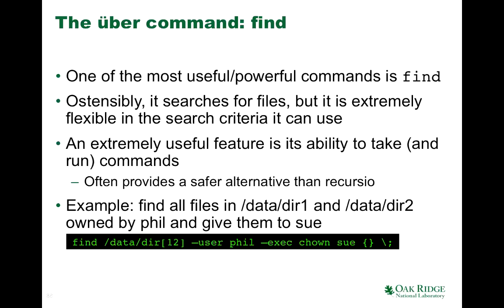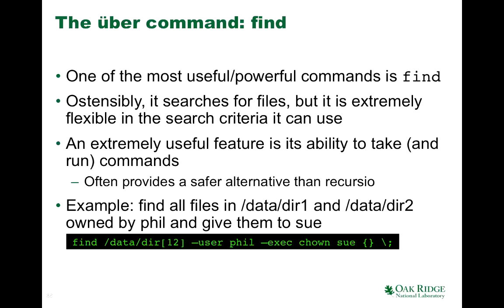So we can use the find command. We tell it where to look, /data/dir1 and dir2, and to find files that are owned by Phil. That's where the -user comes in. So find files whose user is Phil, and then this -exec option says run this command on whatever you find.